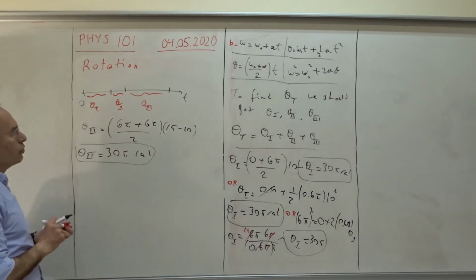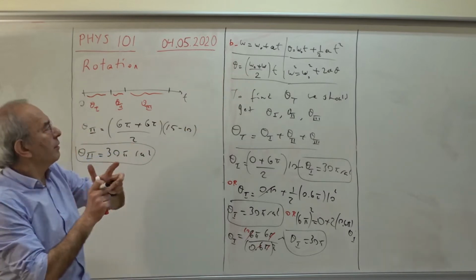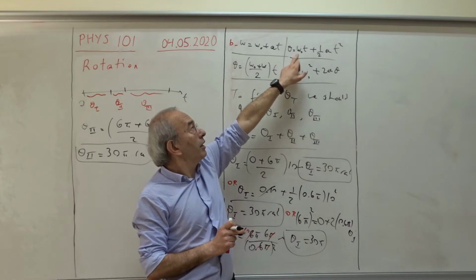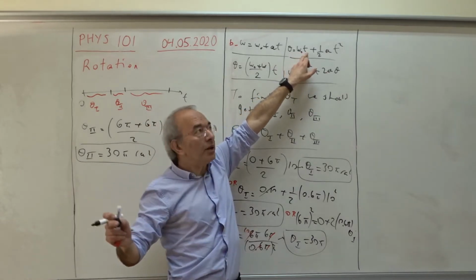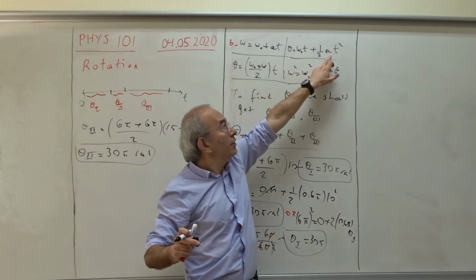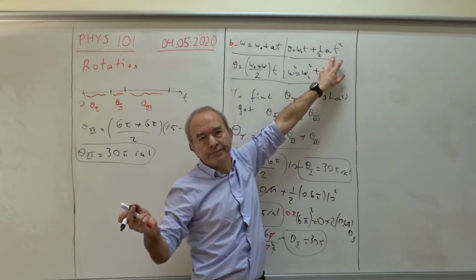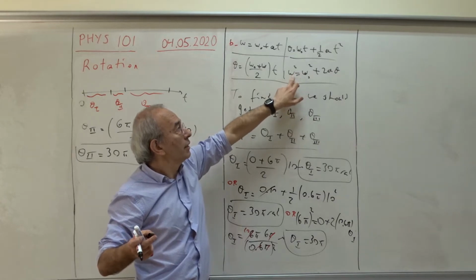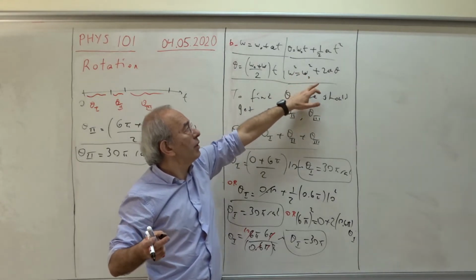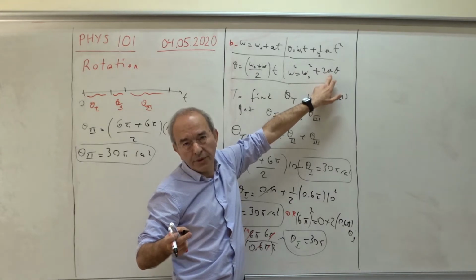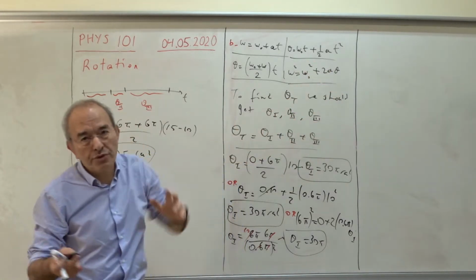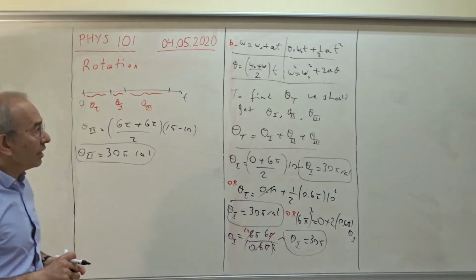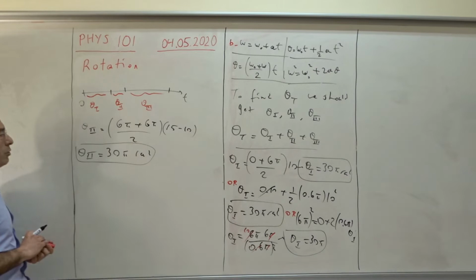Of course, we can obtain the same result by other means. For example, using the third equation: omega 0 times t, 6 pi times 5, plus nothing because alpha is 0. The fourth one, omega squared, cannot be used for this purpose, because alpha is 0 here. But the second and third give the same result. Theta 2 is also 30 pi.